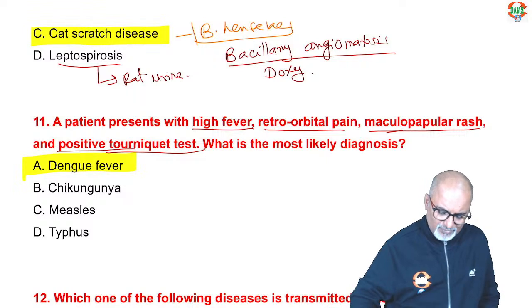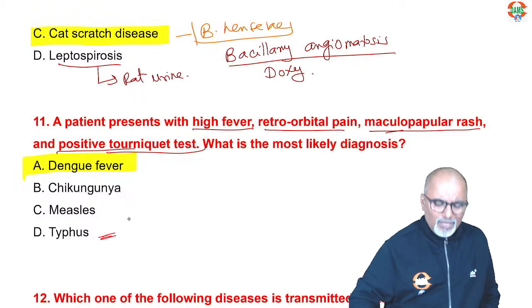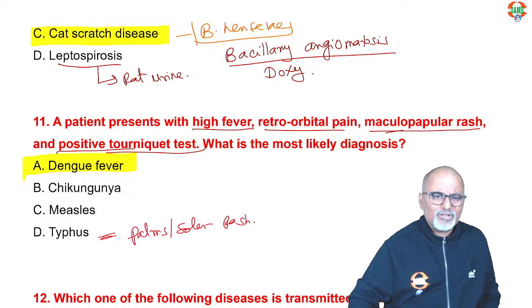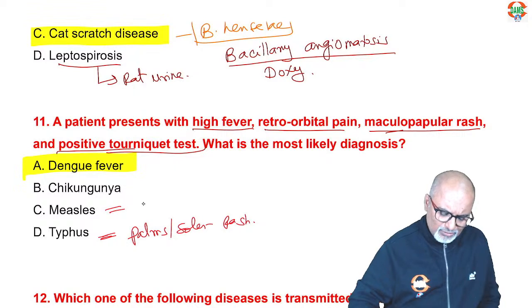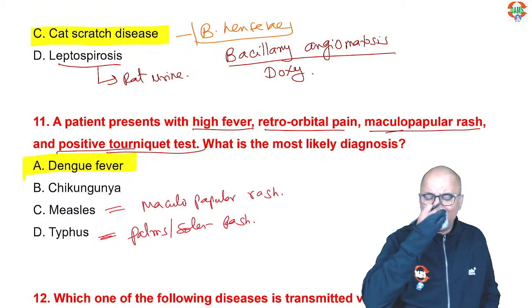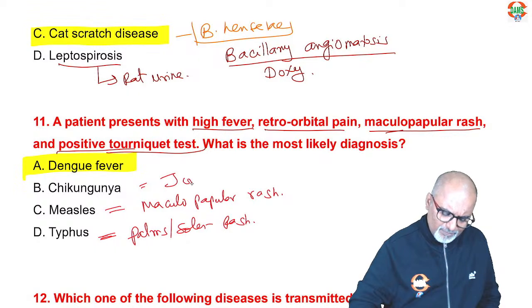Dengue fever. Because in typhus, you have rash on the palms and soles, not retroorbital pain, no positive tourniquet test. Measles, you have maculopapular rash, but the rash is commonly seen on the face, there is no pain and no positive tourniquet test. Chikungunya mainly affects the joints with pain.